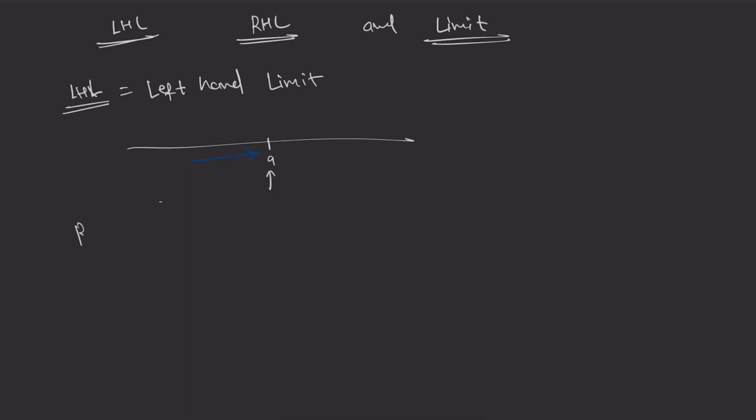And what is RHL? This is A, and we want to approach A from the right hand side, so this is called RHL. How do we write it?